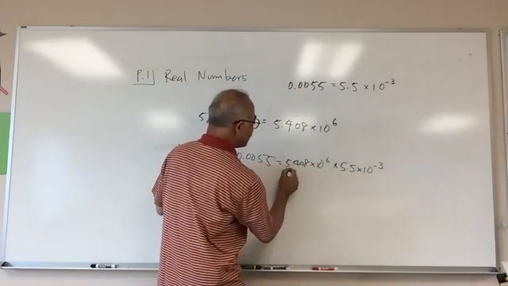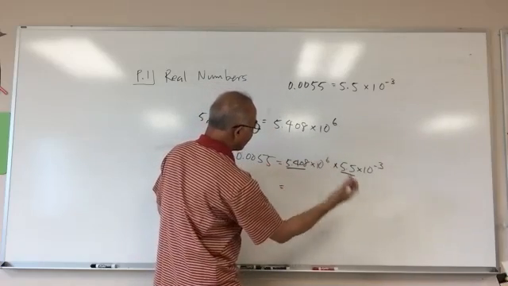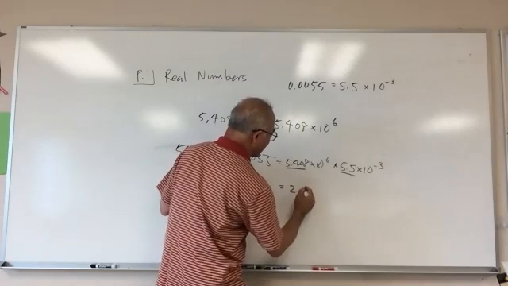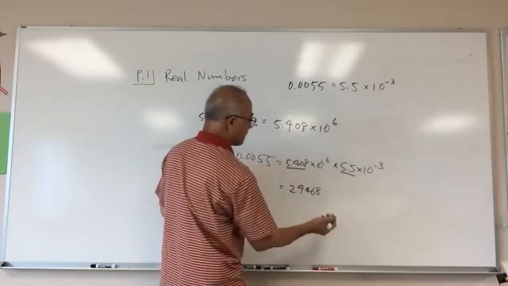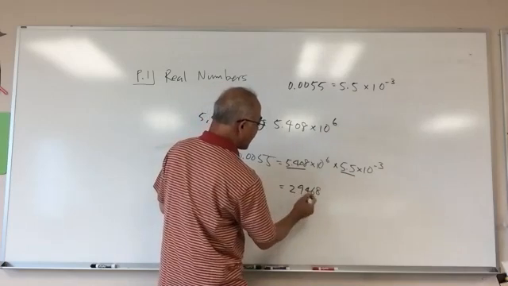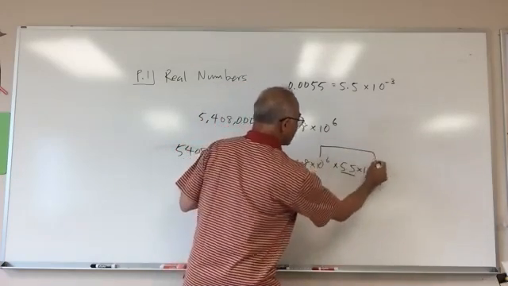I do this times this, and I'm going to get, I don't know, let's say 29.4608. I'm making this up, right?